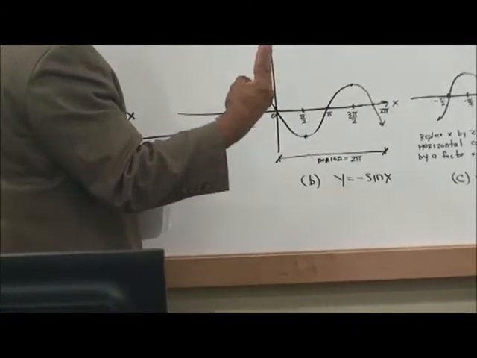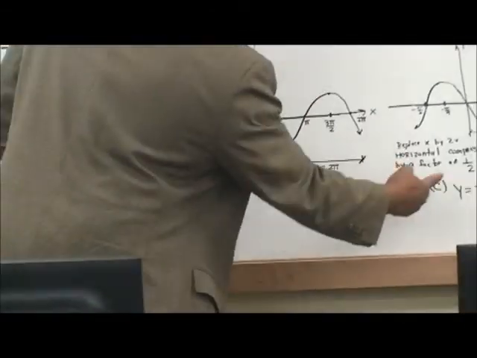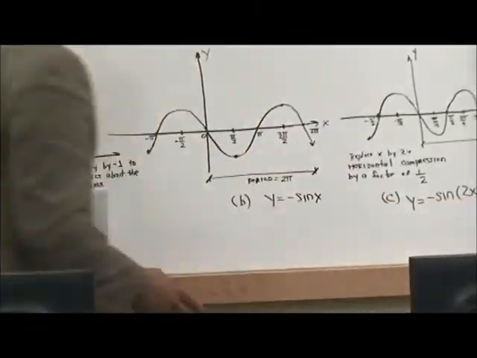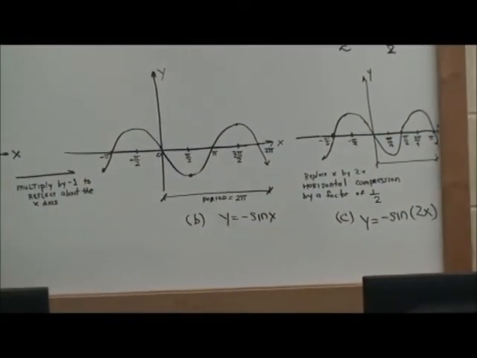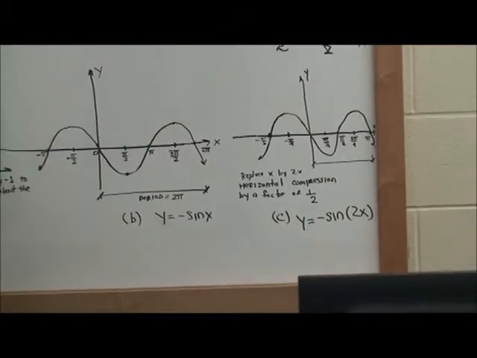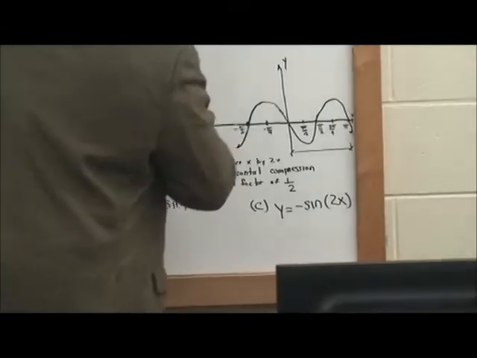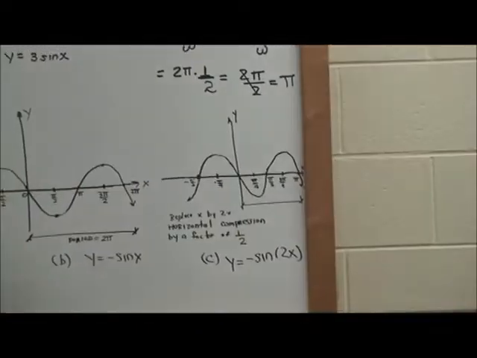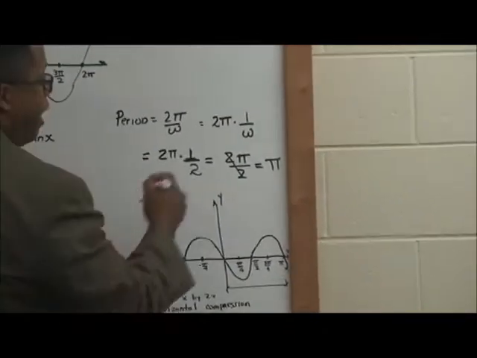The period is still 2 pi, but when we get to this one, where 2x is being substituted in for x here, now here's where we have a different period. Why? We have a different period because omega now is 2. That will be plugged in for the omega value.